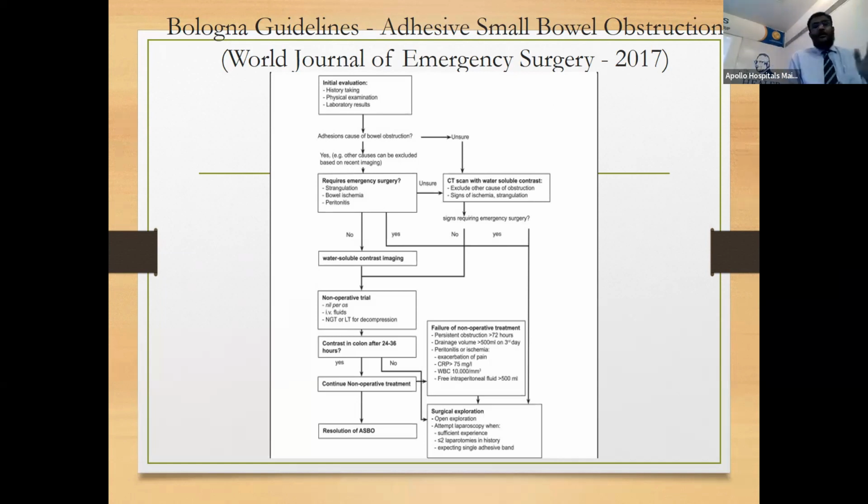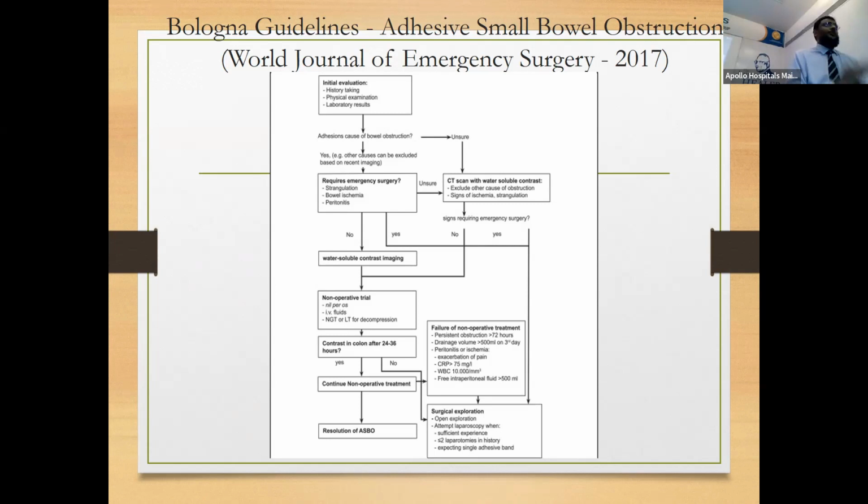But if that is not the case, you do a CT with water-soluble contrast, put the patient on conservative management and watch, and get another abdominal film. The flow chart says you've got to get one in 36 hours' time, but in clinical practice, sometimes you are allowed to vary a bit, 3 days, 4 days. If the contrast has reached the colon, you carry on with conservative management.